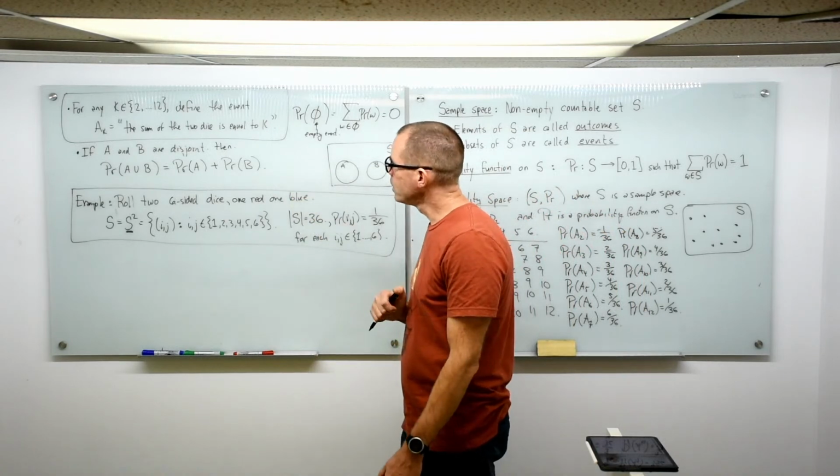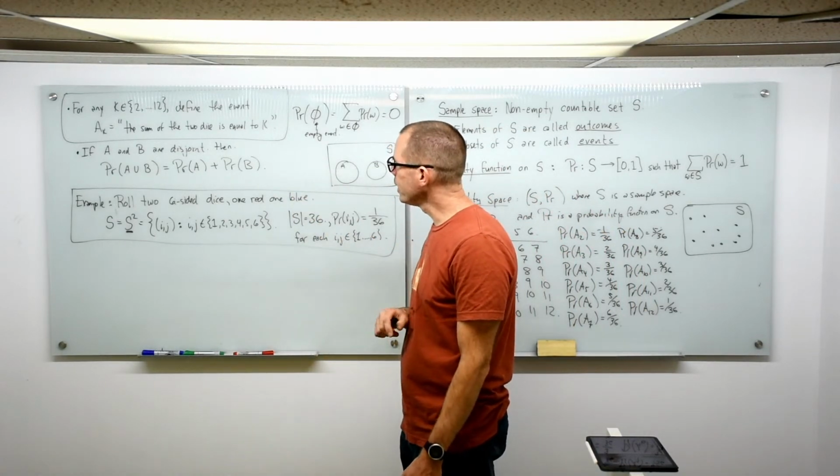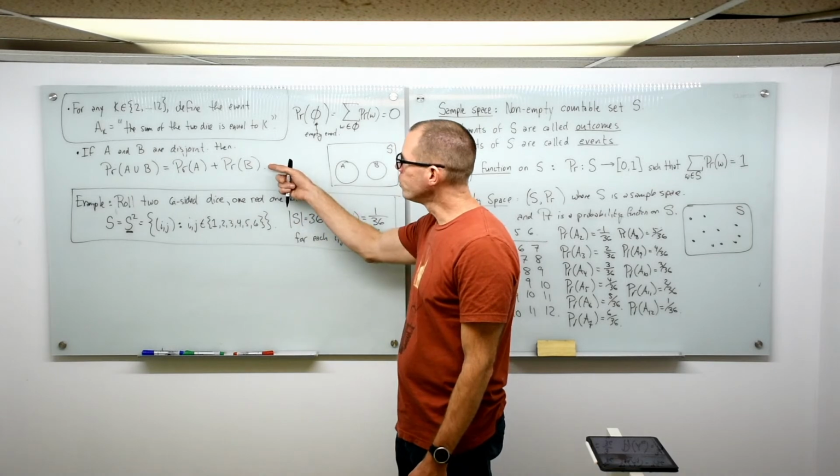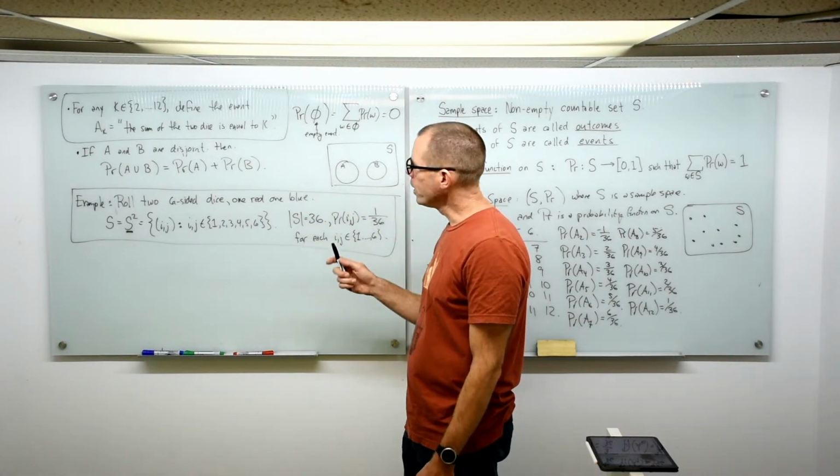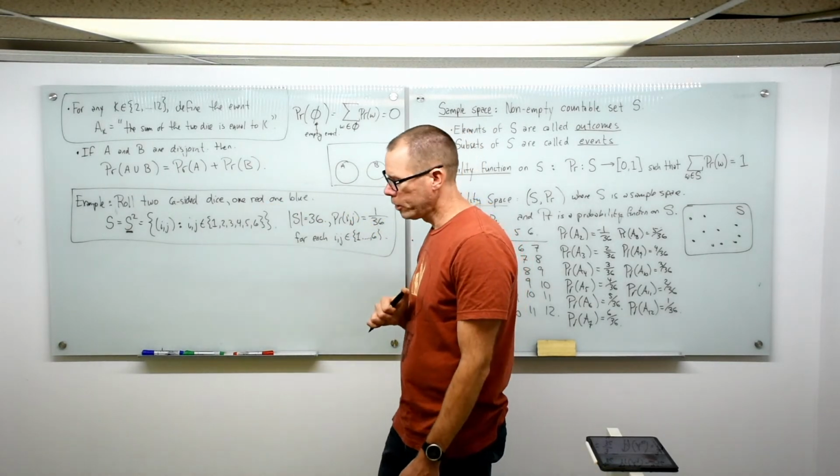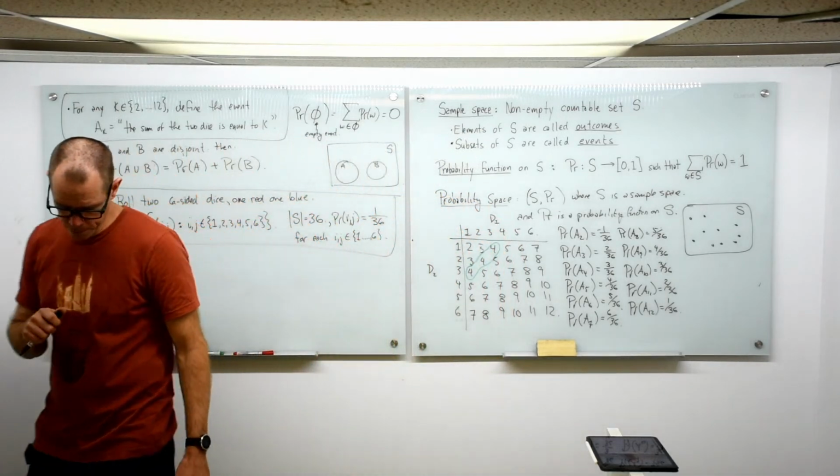But yeah, so that's this thing here. Very useful fact. If A and B are disjoint, you have an easy way to compute the probability of their union.